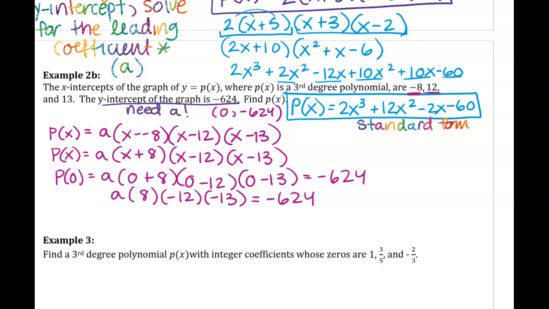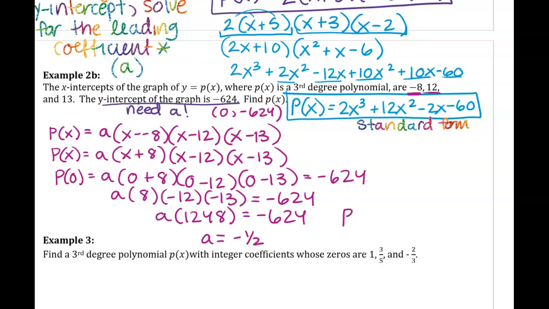If you multiply 8, negative 12, and negative 13, you get 1248. So we have a times 1248 equals negative 624. We divide, a is negative 624 over 1248, which simplifies to negative 1/2.